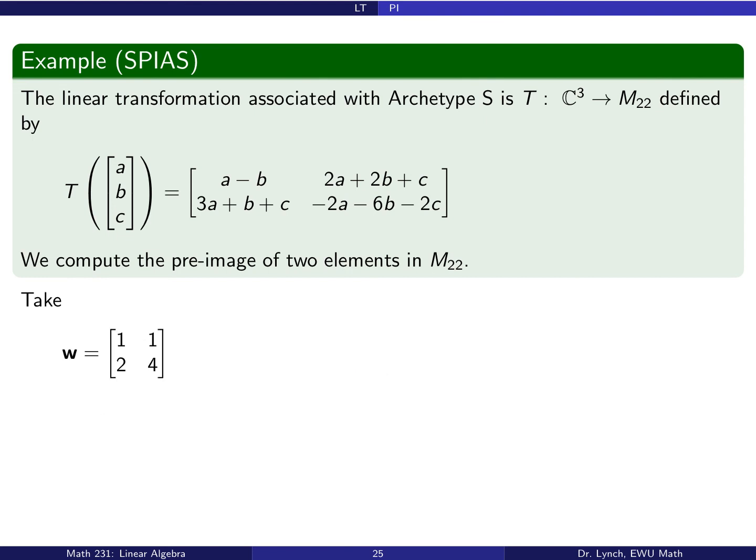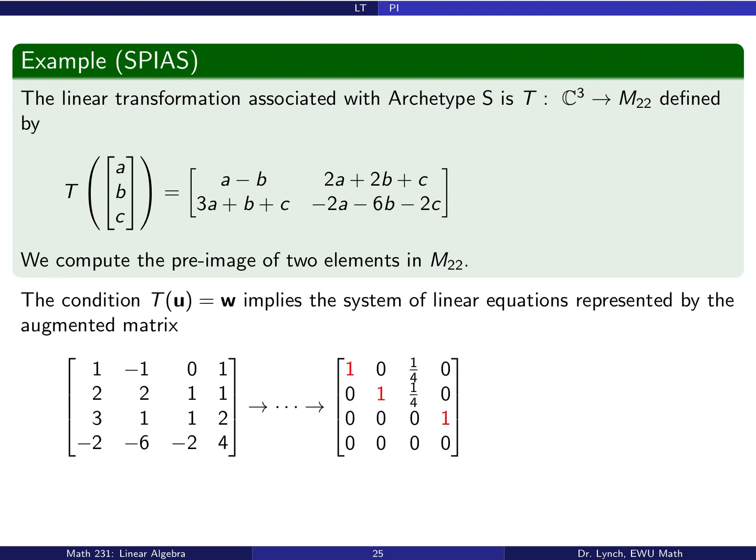We can play the same game for a different element W in M22. When we go ahead and write down the linear system, you can imagine it's sort of similar with a different vector of constants. Row reduce. And it turns out in this case that the last column is a pivot column in our augmented matrix's row reduced form.